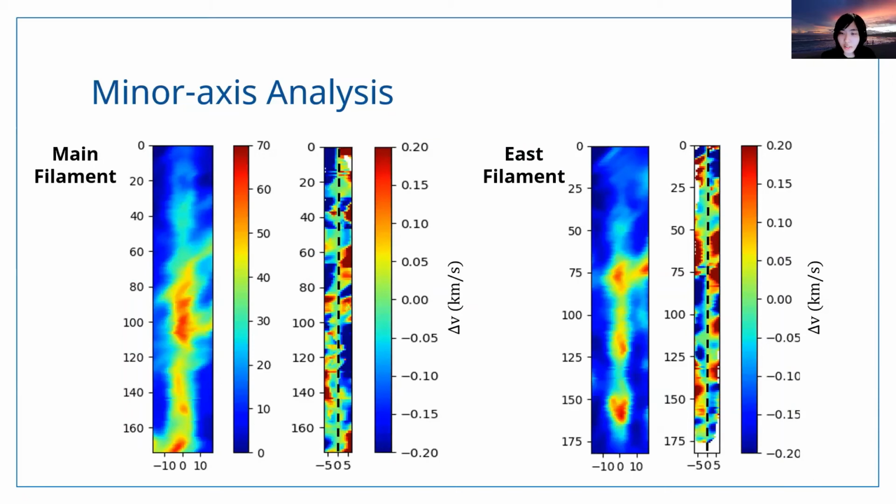But it turns out that we do not see a systematic gradient on the 2 sides of the filament axis. Instead, we only observe some local velocity gradients across the cores, and the direction of these local gradients are not consistent with each other. So we think these local gradients could be correlated to the rotation of these cores.